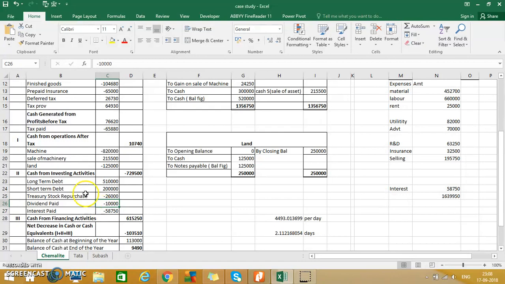Instead of raising loans from the market through long-term debt, it would also be a good idea if the company raised funds from equity shareholders. That would cut down on payment of interest, the servicing part, which is 58,750.